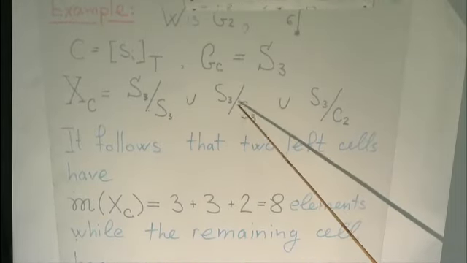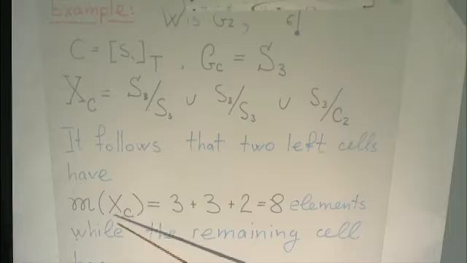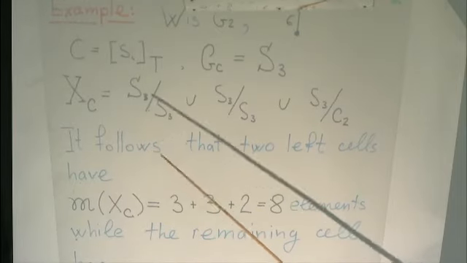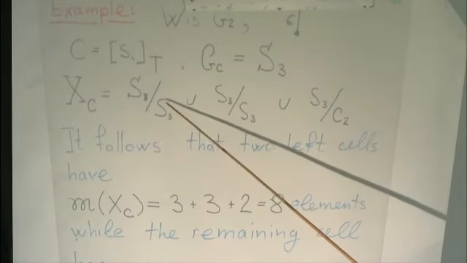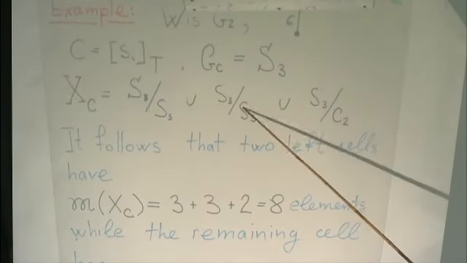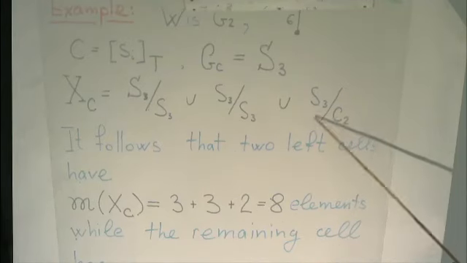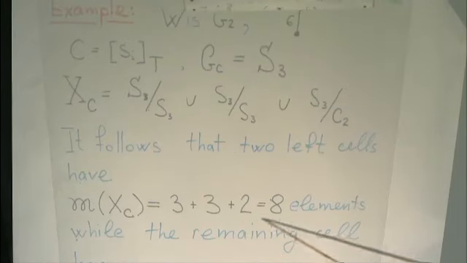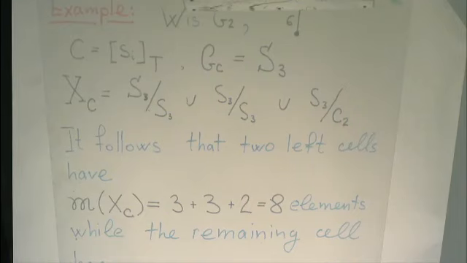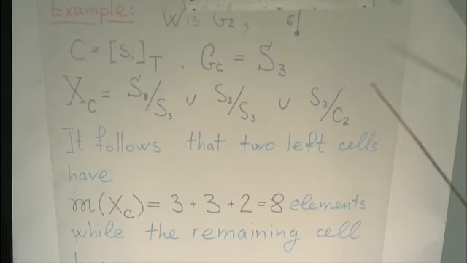If you multiply by a point, you are going to get the Euler characteristic of XC. What's the Euler characteristic? That's a point. S3 has 3 representations and C2 has 2. So there are 2 cells of 8 elements. And the last cell will be XC times the 3 set.